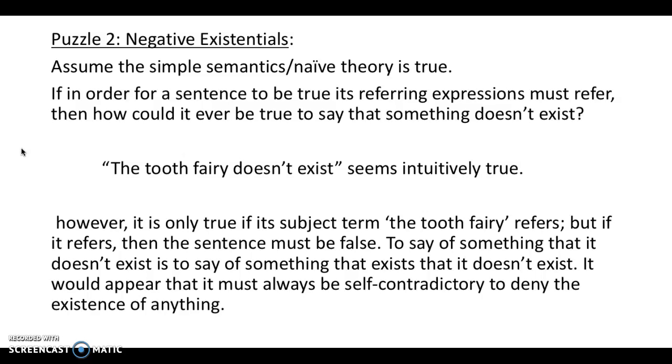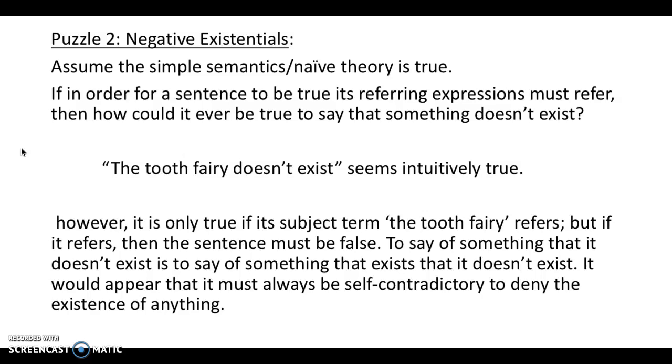Again, this seems like an intuitively true sentence. However, in order for it to come out true, paradoxically, under the naive theory, we would need the term the tooth fairy to refer to the tooth fairy, but then at the same time it has to be true of this thing that we are referring to, the tooth fairy, that it not exist.